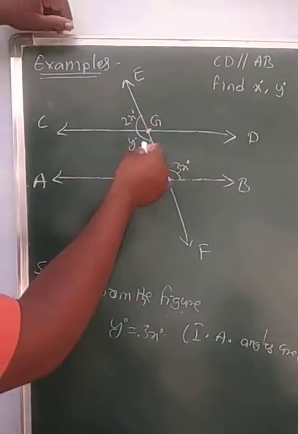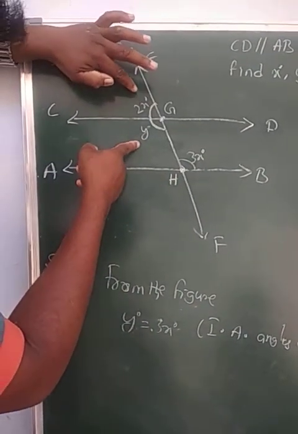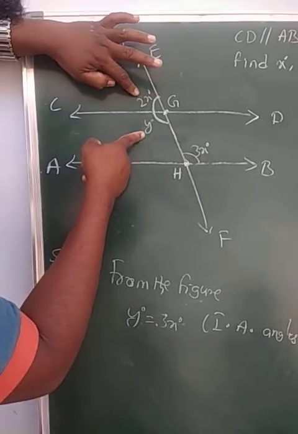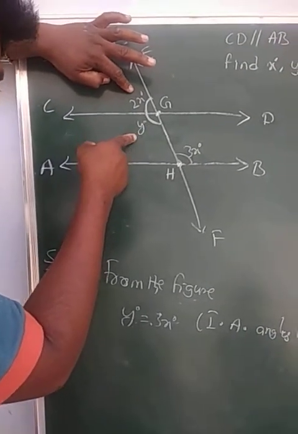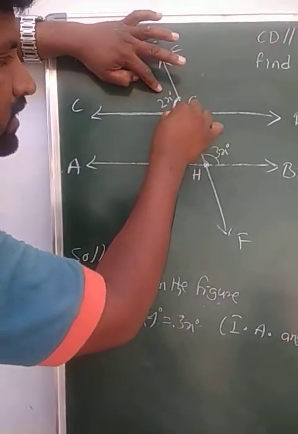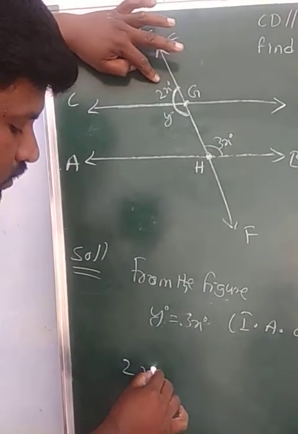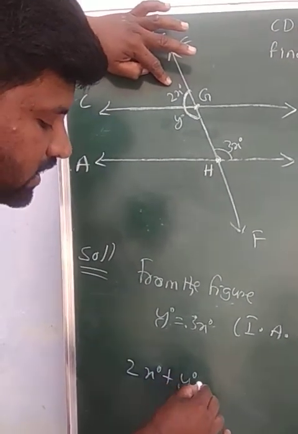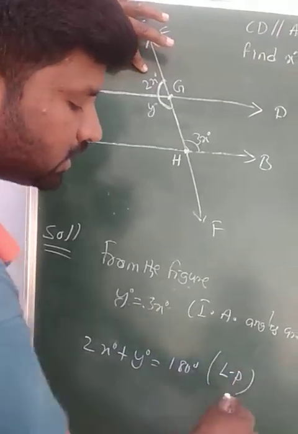Then you observe here, these two are adjacent angles. Two adjacent angles whose sum is a straight angle form a linear pair. Then we can write here 2x degrees plus y degrees is equal to 180 degrees, because that is a linear pair.